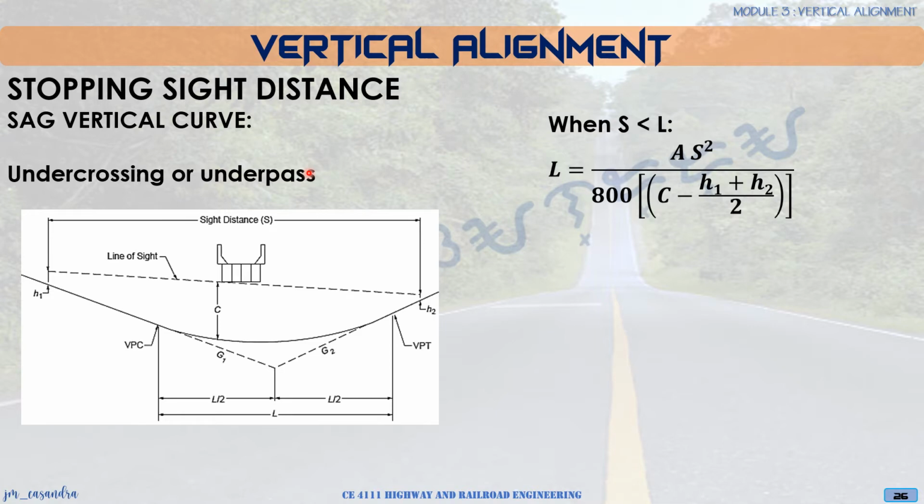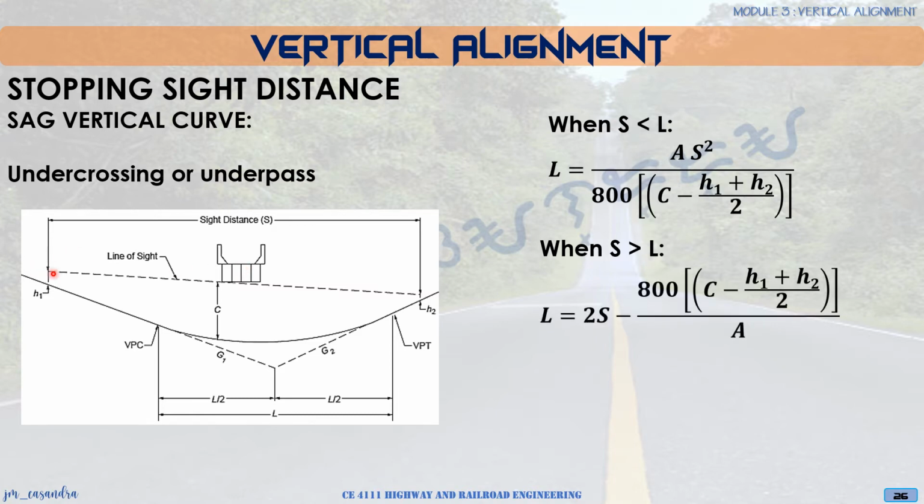is not frequent or not usually common, the existence of this structure could cut down the line of sight of the driver approaching the sag curve, and thus limiting his vision and limiting the sight distance to less than otherwise attainable or desirable.